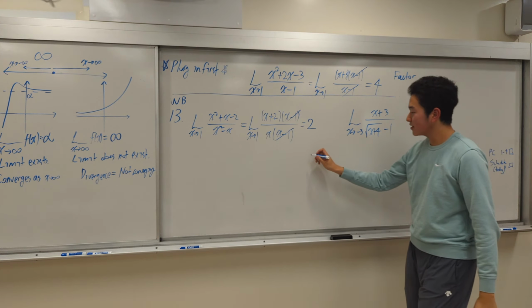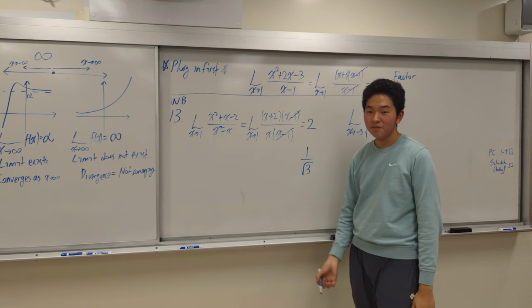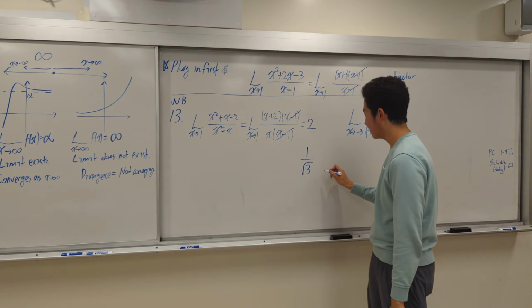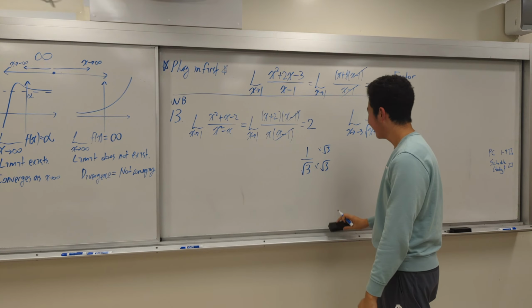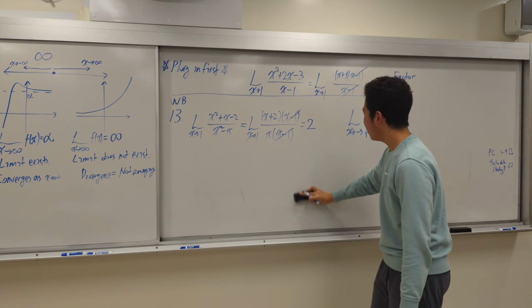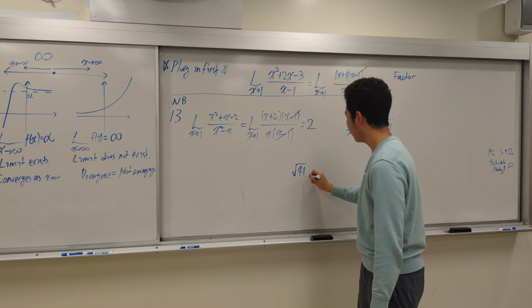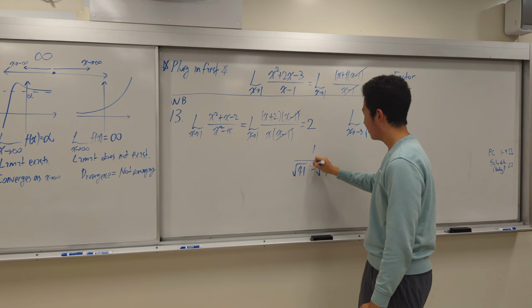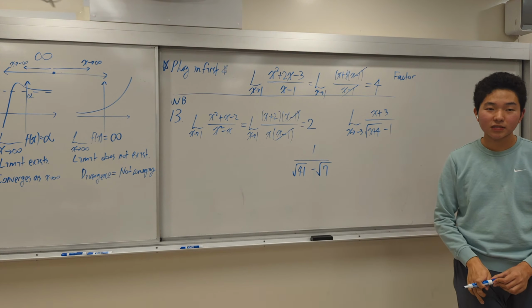Guys, do math teachers like it when you put your answer like this? No. No, what do you do here? You rationalize, right? You multiply both sides to rationalize, okay? What happens if you want to rationalize something like that? Remember in your radicals class?